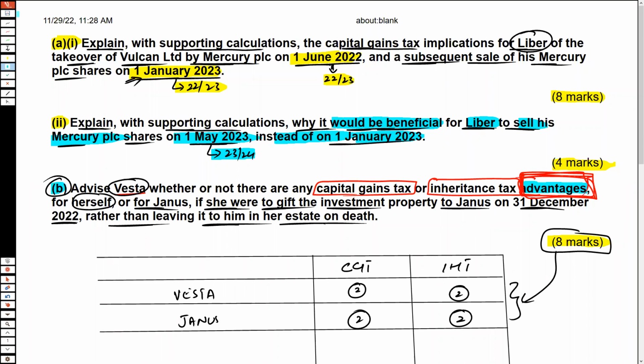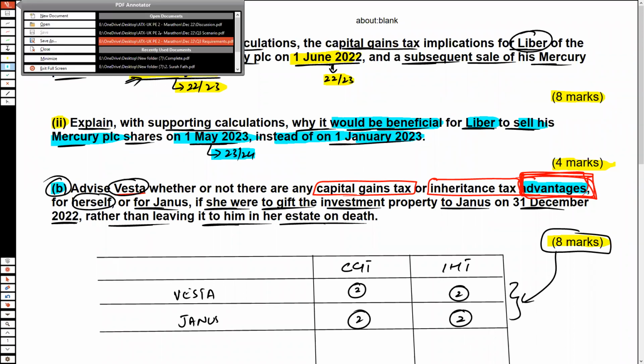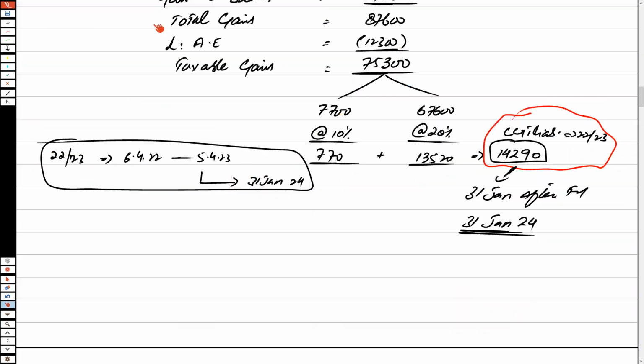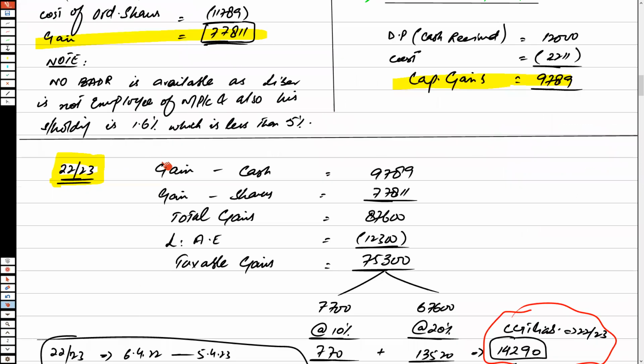How are you going to present your answer in the exam? What will be the capital gain tax liability saving? What will be the impact on the date of tax payment? So you have to consider all of these things.